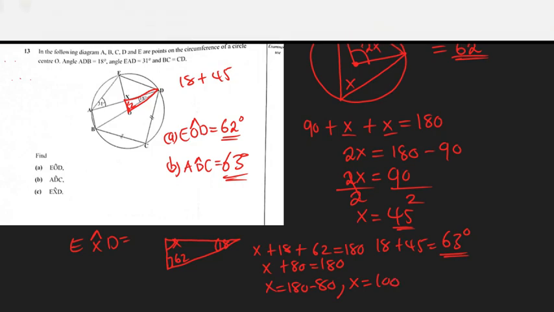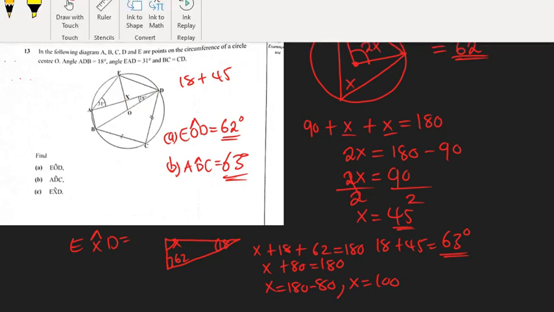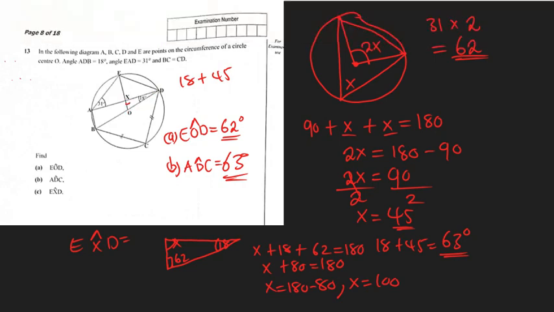So this angle here is what? 100. Now they are saying we find EXD. And how do you find this one? Remember, you're having a straight line now.